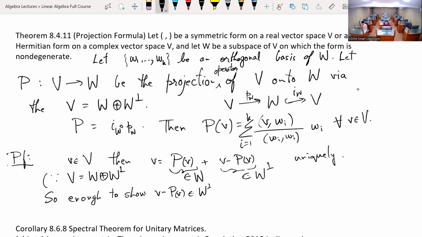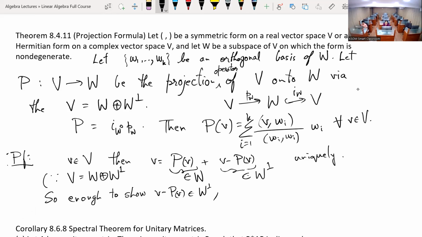I will have to show that it is orthogonal to, so W perp is the space which is orthogonal to every vector in W, but that is equivalent to saying that it's orthogonal to the basis. Once it is orthogonal to the basis vector, then it has to be orthogonal to every element in W. So let's just check that.